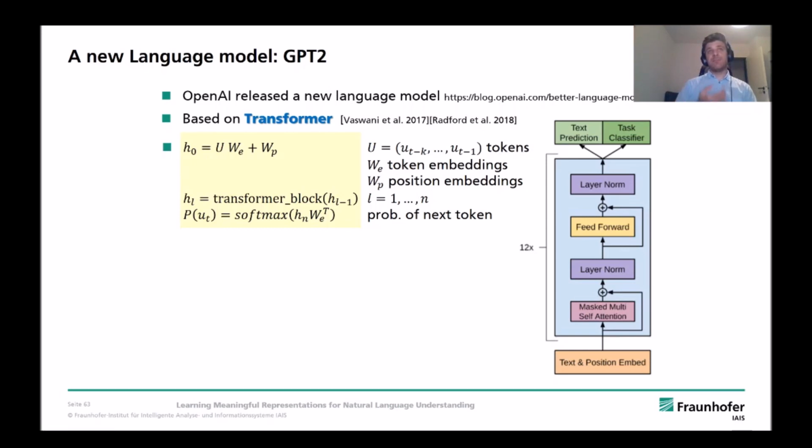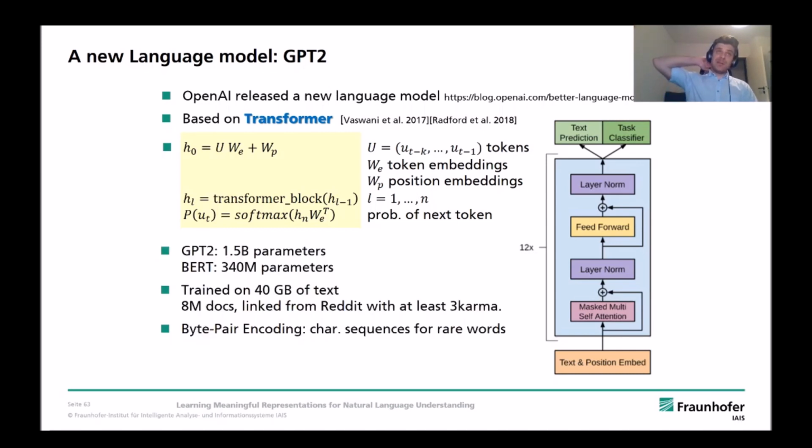So not as in BERT, the central or a masked token which is missing, but rather the next token in a sequence. GPT-2 has 1.5 billion parameters, in contrast to the large BERT model, which has 340 million parameters. It has been trained on 40 gigabytes of text.